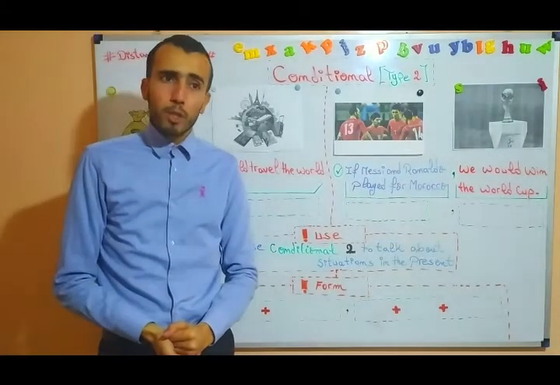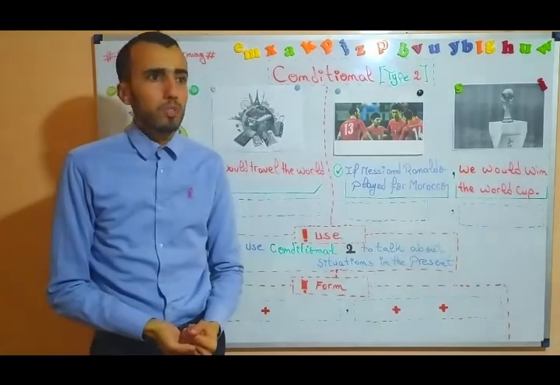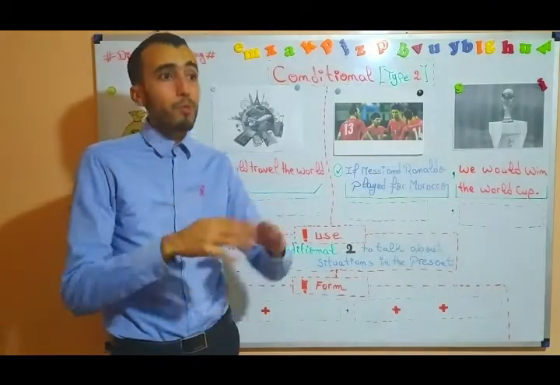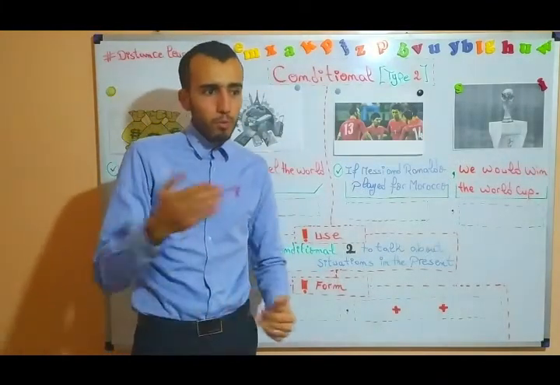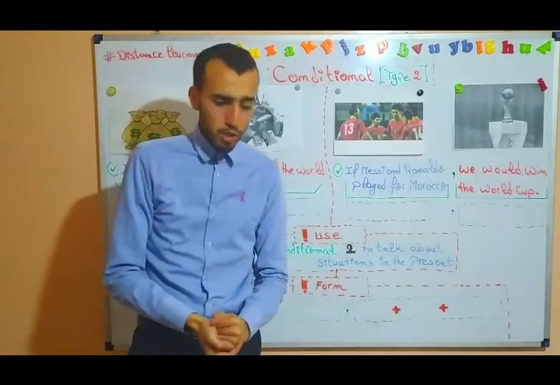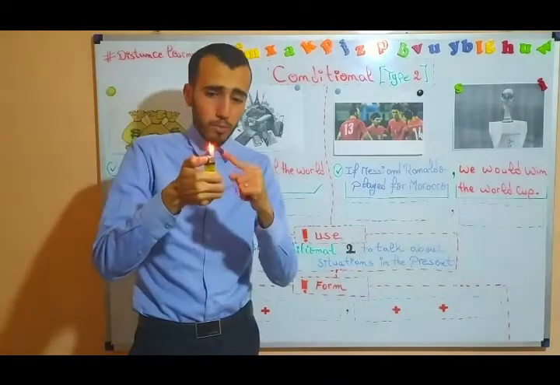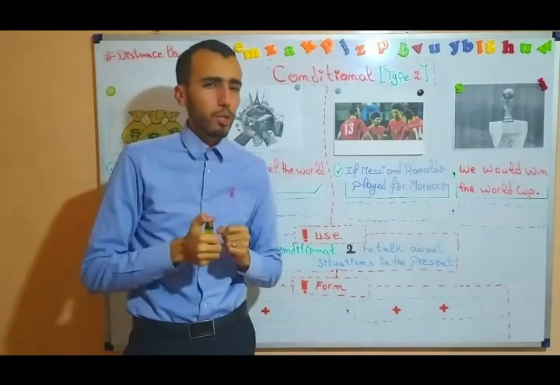And we have agreed that conditional sentences are sentences that state a condition and the result of that condition. An example for conditional type 0 would be: what happens if you touch the fire?